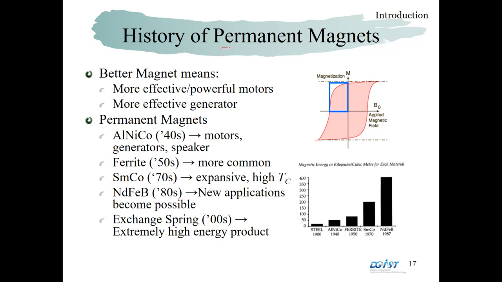So in a permanent magnet, as I said, this part, the energy product, is very important. And the energy product of each ferromagnetic material, like the magnets I explained in a previous class. For example, ferrite was invented about 70 years ago.